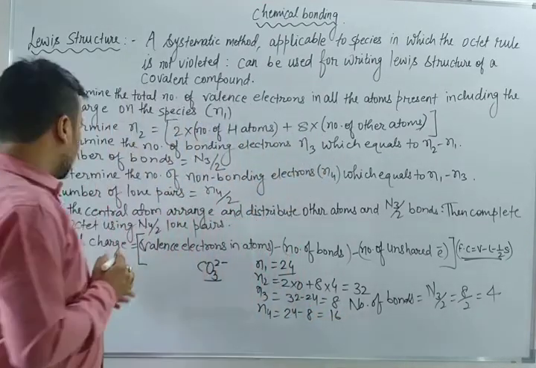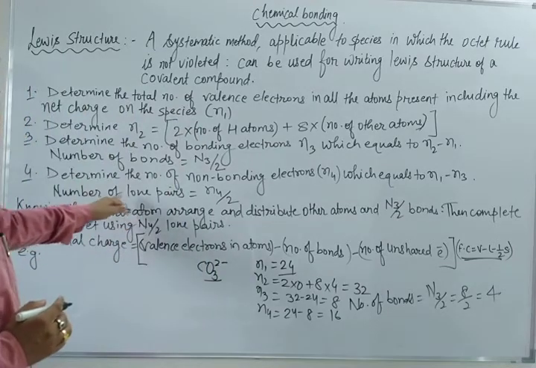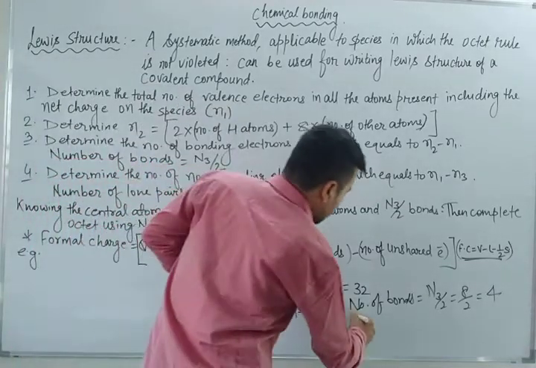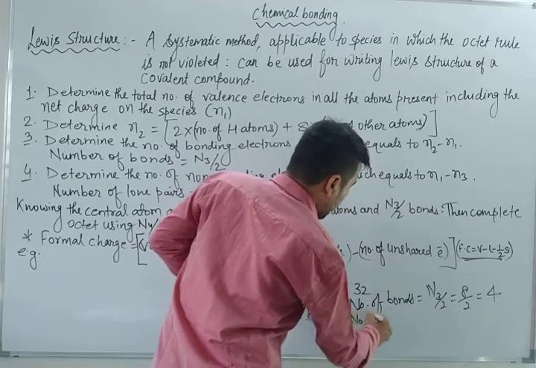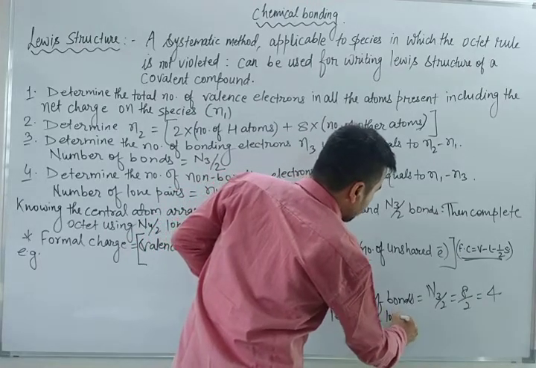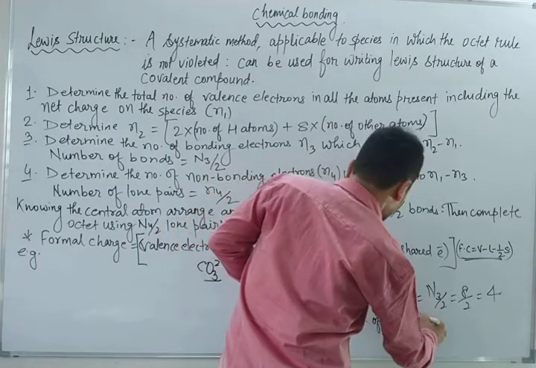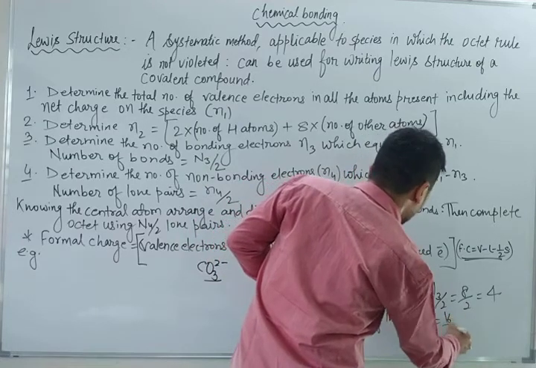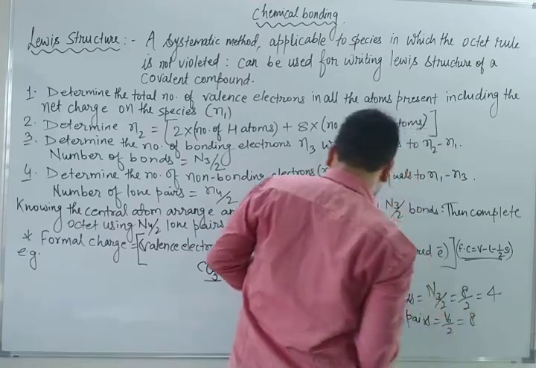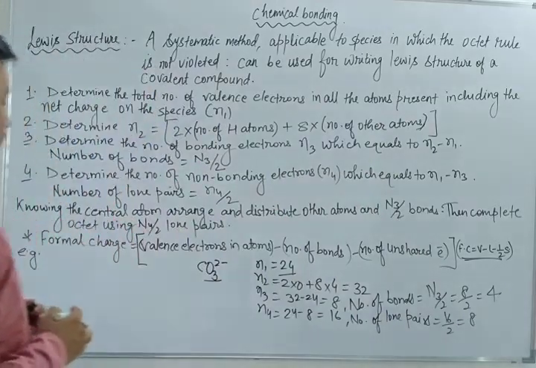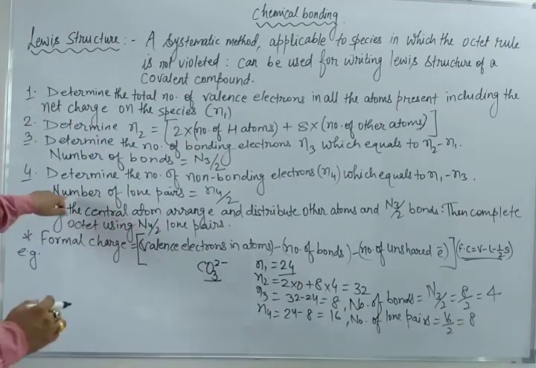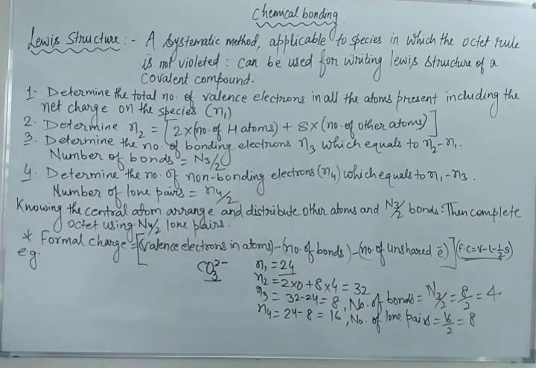Now the number of lone pairs is equal to N4 upon 2, as I have written here, that is 16 upon 2, which is equal to 8. So what will be the number of lone pairs?